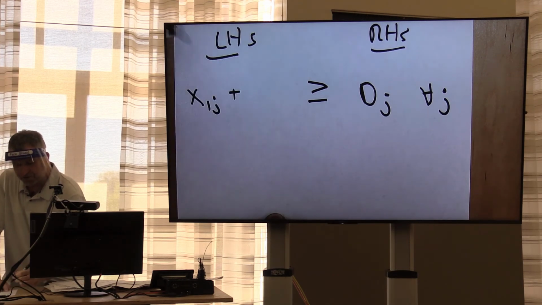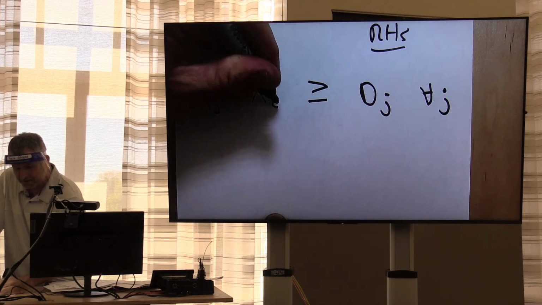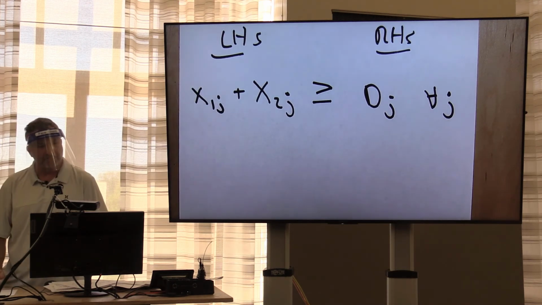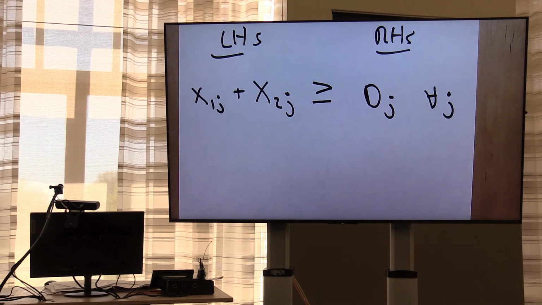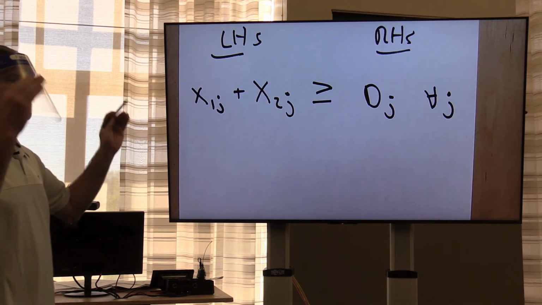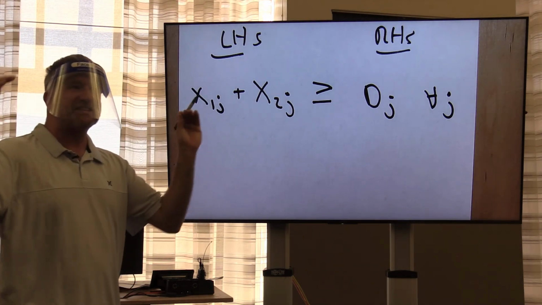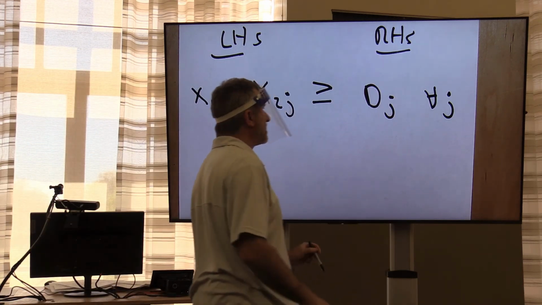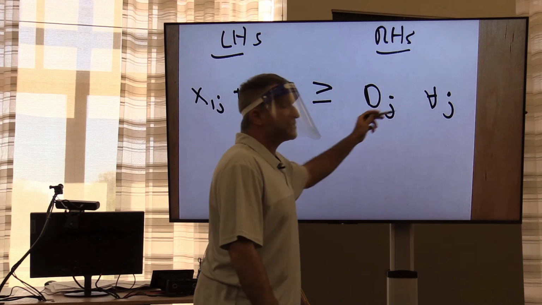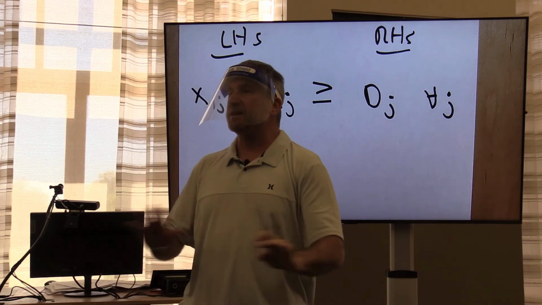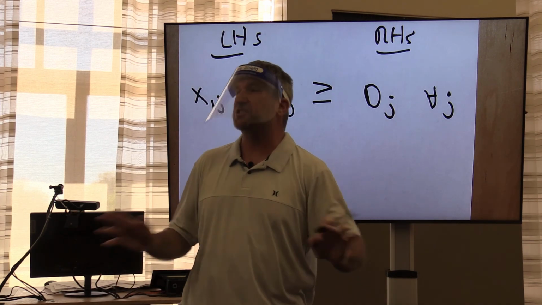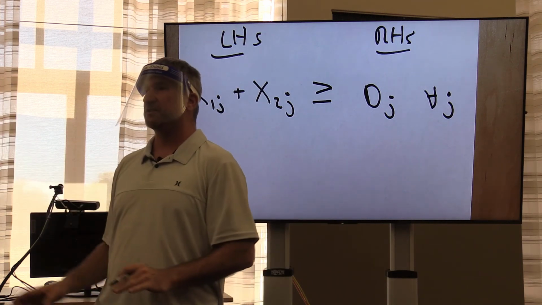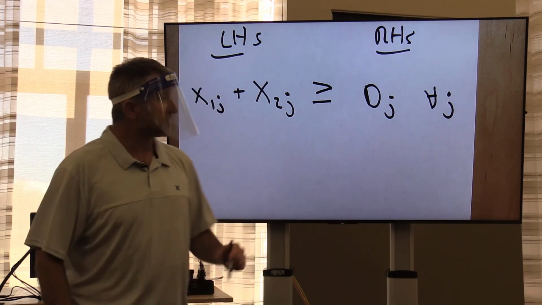The amount that comes from site 2 is X2J. And whenever there's a different constraint for each region with a different demand, there's going to be an all J here. And whenever you have all J, you know there's going to be J's on both sides of the equation, and you're never going to be summing over J's because the summation gets rid of J's. The J's have to stay.